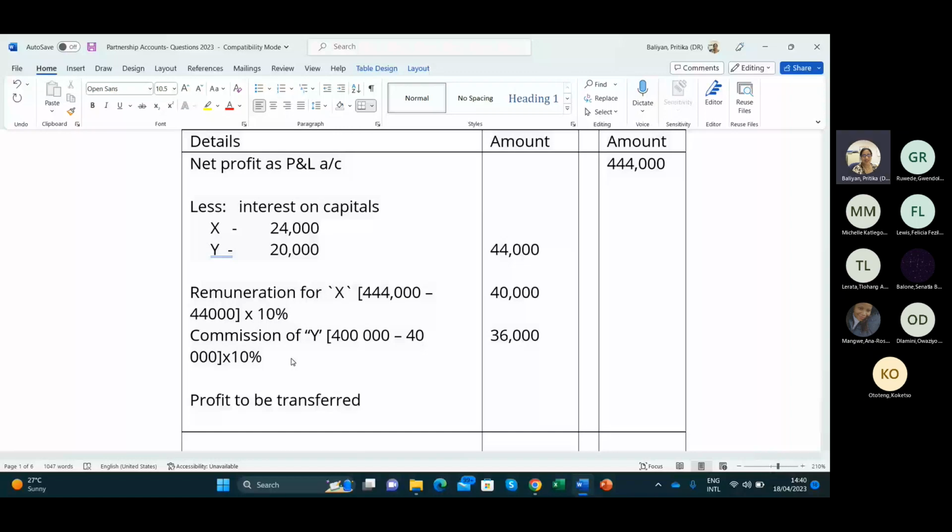Okay, so the total, how much is the total of it? 44 plus 40,000, 84,000 plus 36,000, 120,000. So we subtract 120,000 from it. So the remaining profit is 324.